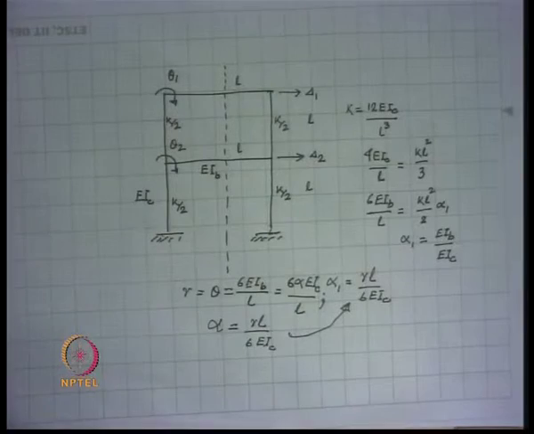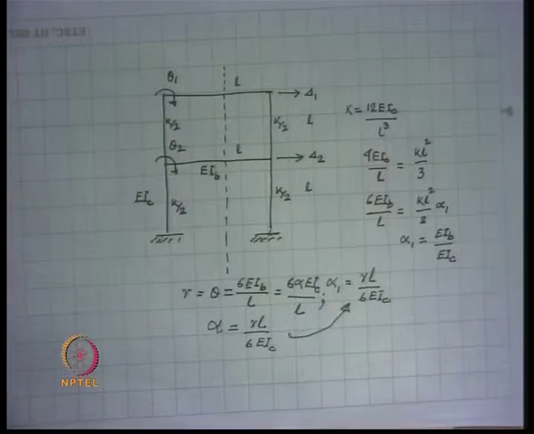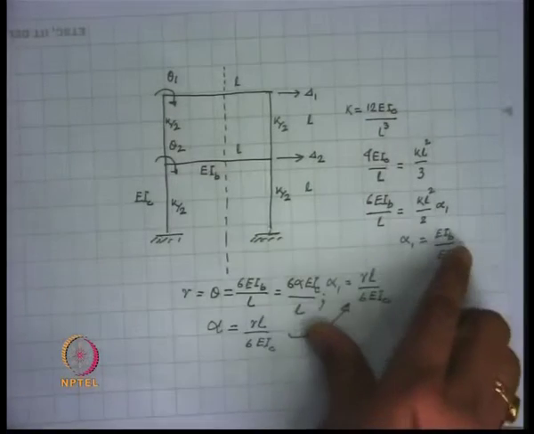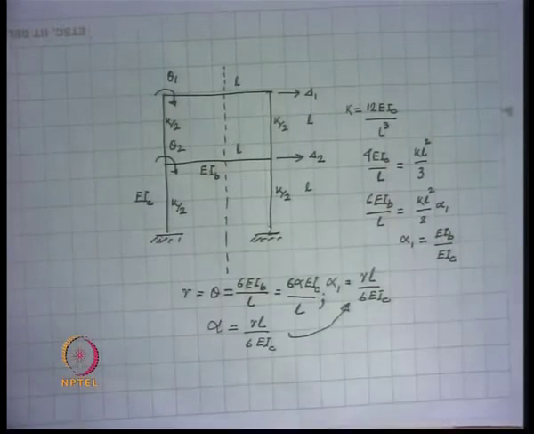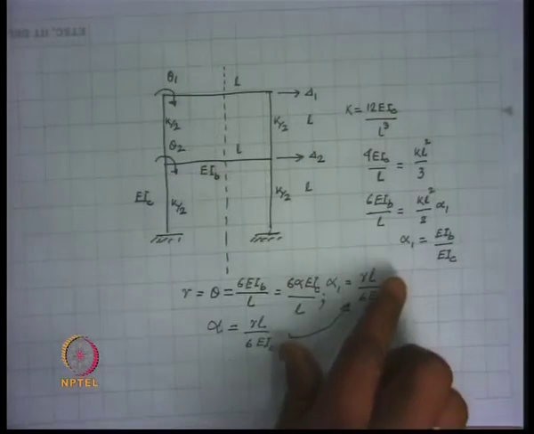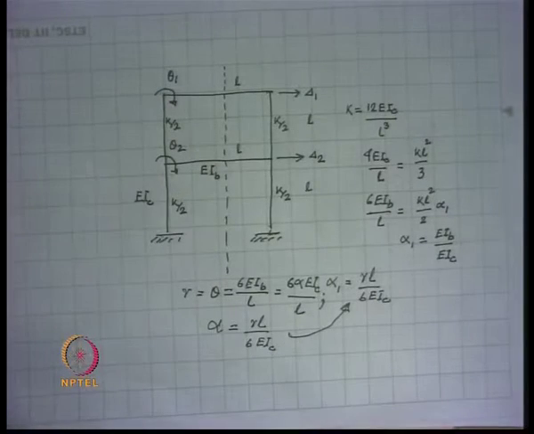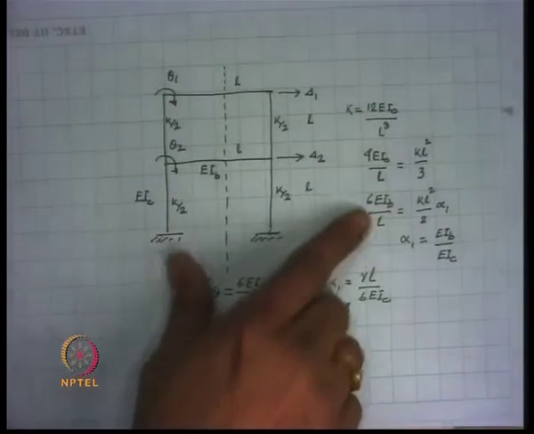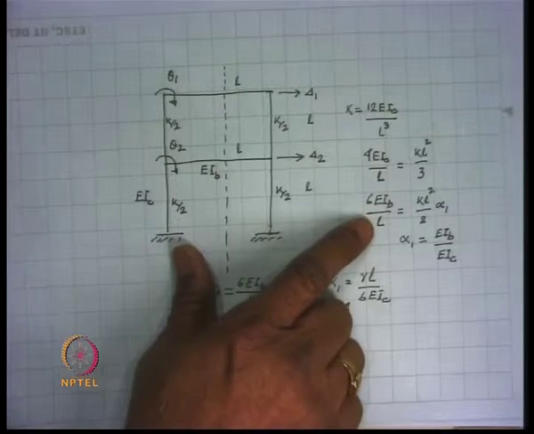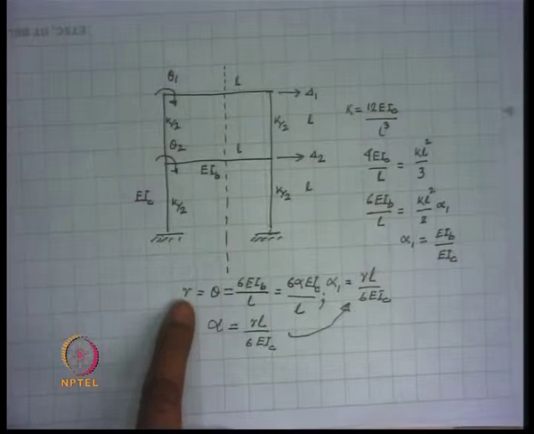Now, when the cross section over here undergoes yielding, then the EIB, the flexural rigidity of the beam, does not basically come into the picture, and it is very difficult then to define the stiffness of the beam in this particular fashion. It is possible so long as it is in the elastic state, and therefore, the rotation R is brought into the picture.